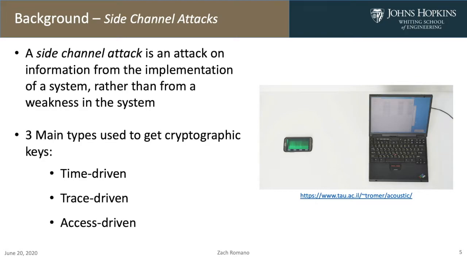The next type is trace-driven. This is where you measure the power draw of the machine, or the electromagnetic or acoustic signature. And this is where this image on the right comes into play: researchers were actually able to set a phone next to a computer, measure the sounds that the processor made, and extract the private key from that computer.